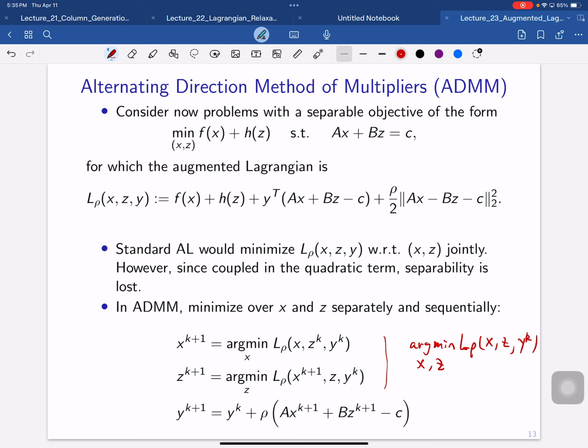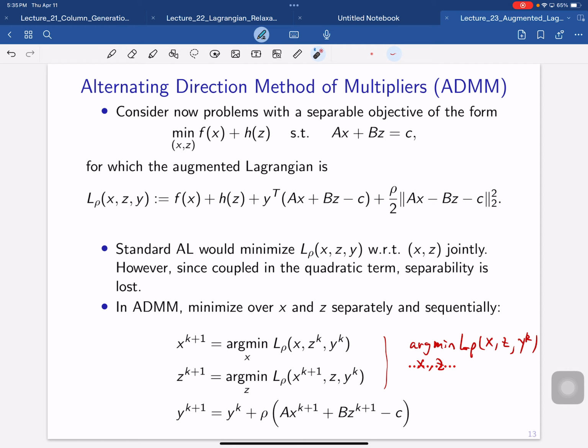That's what you do when you use the method of multipliers. You fix the dual variable, then you optimize the primal variables, and then you update the dual variable by taking a gradient ascent step.